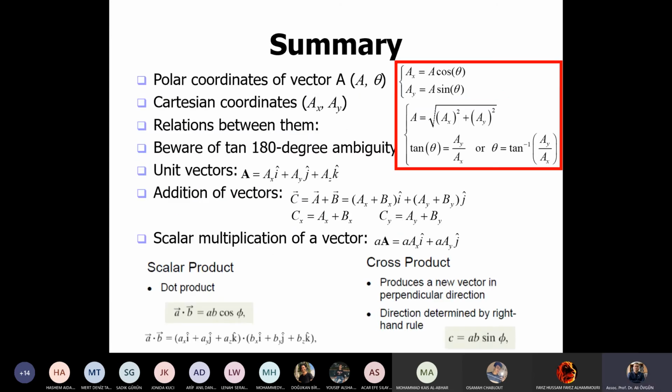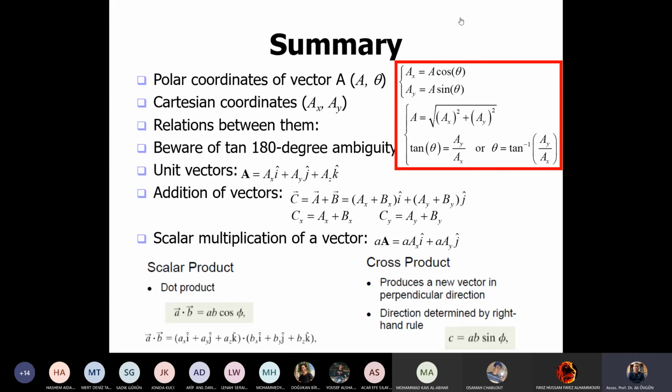So as a summary, this is the end of the vectors. We see that there are two types of coordinate system. One of them is polar coordinate, where we use magnitude A and direction theta. For the Cartesian coordinate, we use components, the x component and y component of the vectors.